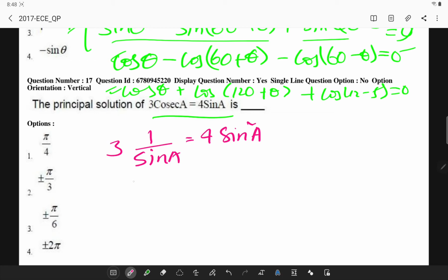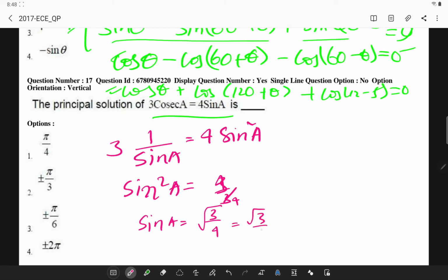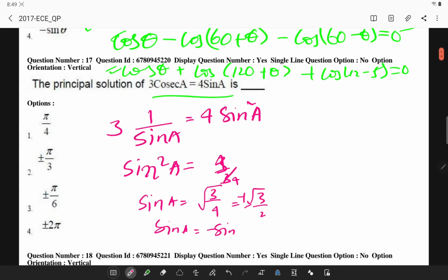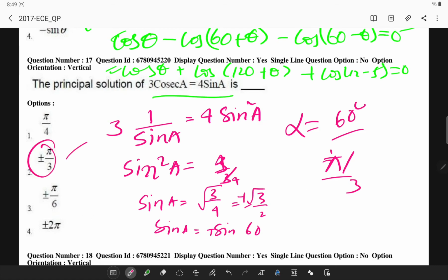So if I multiply it, sin square A is 3 by 4, or sin A is root 3 by 2 plus or minus. So simply sin A will be equal to plus or minus sin 60 degrees, or A is equal to 60 degrees, or I can simply write plus or minus pi by 3.